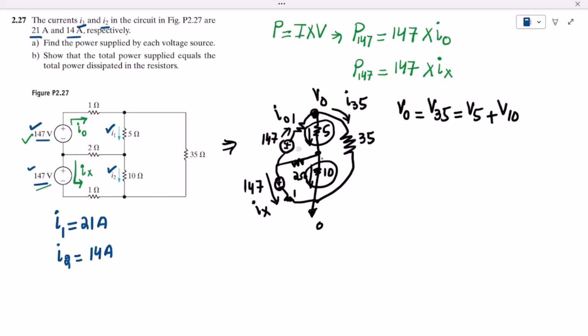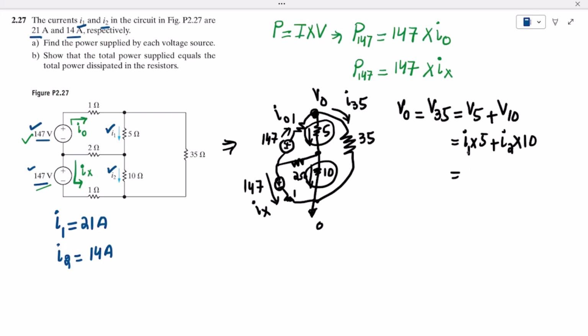In these resistors, the resistance and the current are known, so the voltage can be easily found using Ohm's law. V is equal to IR. So I1 multiplied by 5 ohm plus V10, which is I2 multiplied by 10.